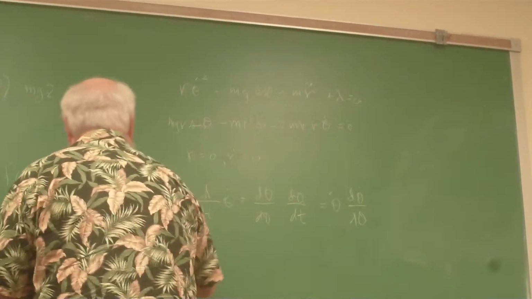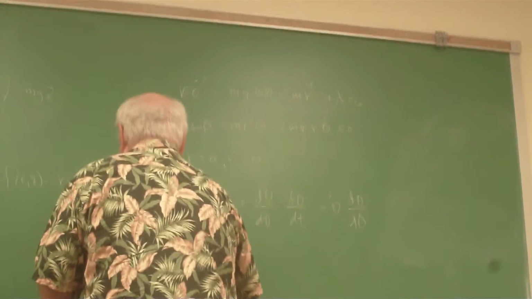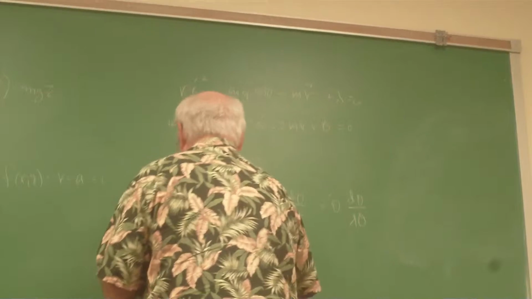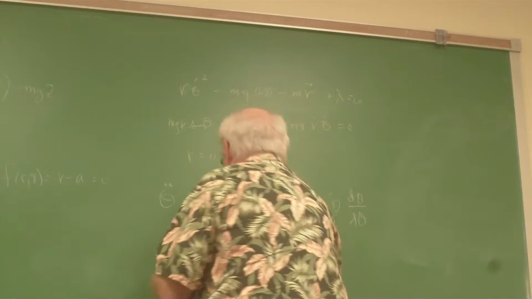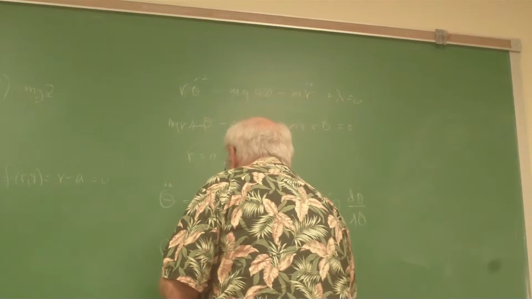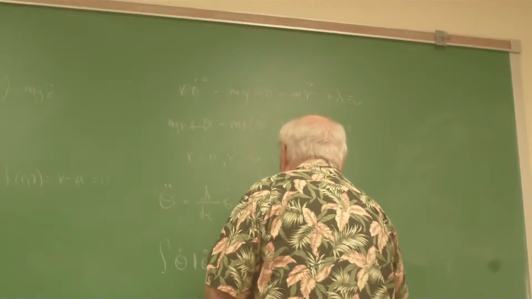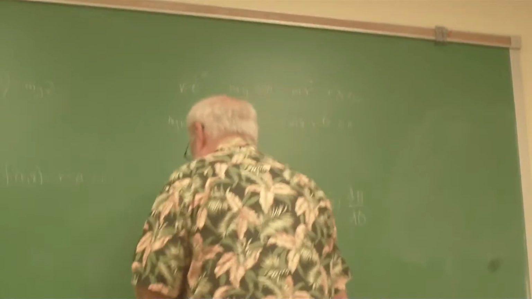So then you can write the integral of theta dot d theta dot is equal to g over a, the integral of sine theta d theta, which is something we know how to do.